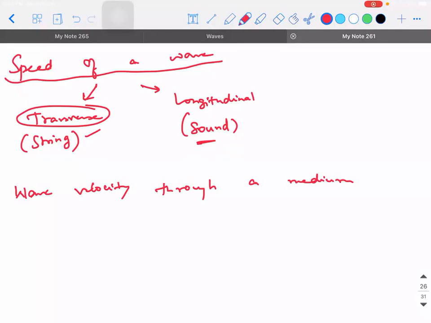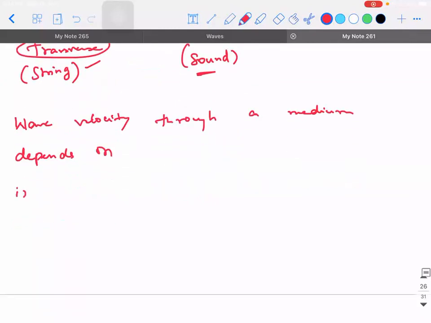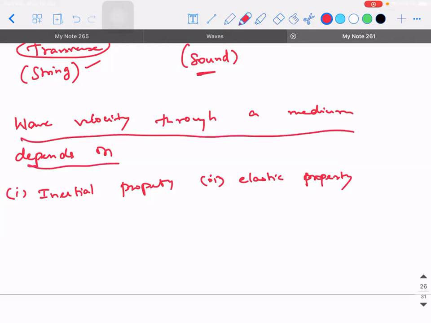So wave velocity through a medium depends on two properties. One is its inertial property, and the second is its elastic property. Okay, these are the two important points. Wave velocity through any medium depends on the inertial property and the elastic property.